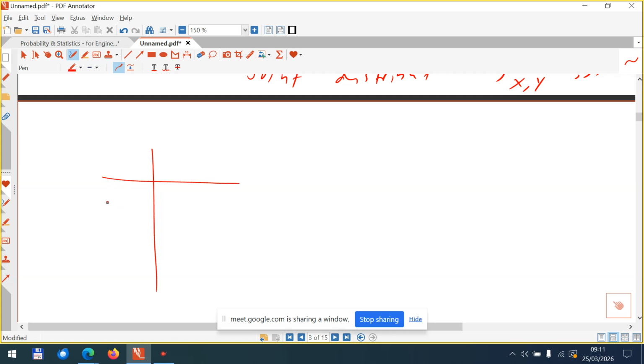Here I list the values of x minus mu x, and here I list y minus mu y. I list these values there, and now I multiply these two values.